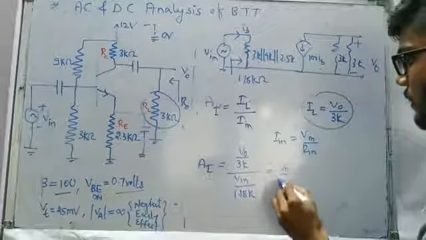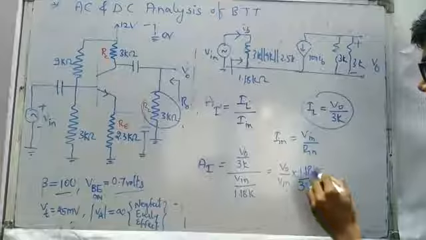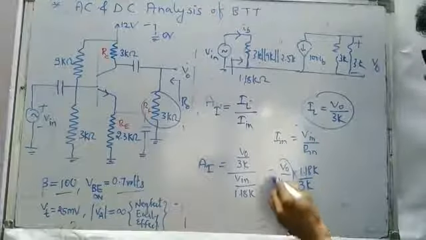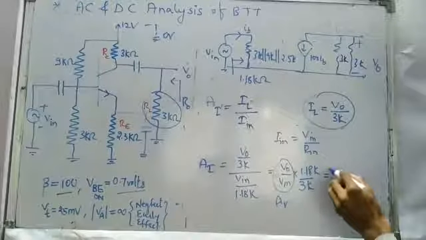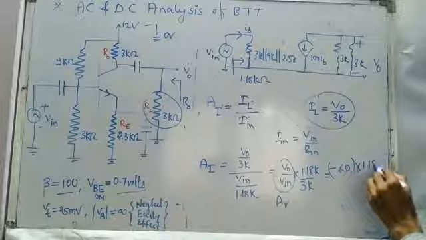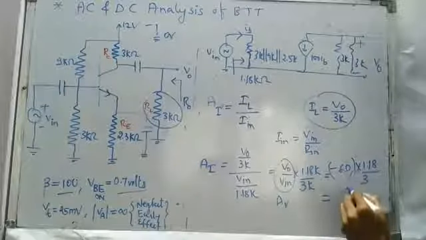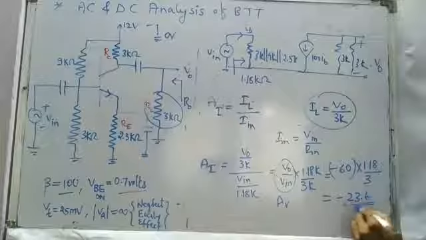So V naught by V in into 1.18K divided by 3K, and V naught by V in is nothing but voltage gain, which we have calculated as minus 60, into 1.18 divided by 3. So the current gain is going to come out as minus 23.6.